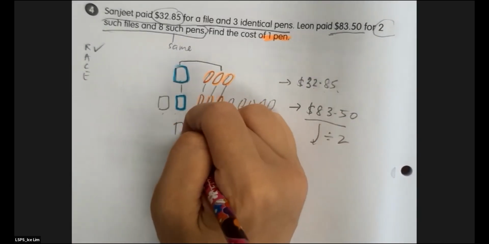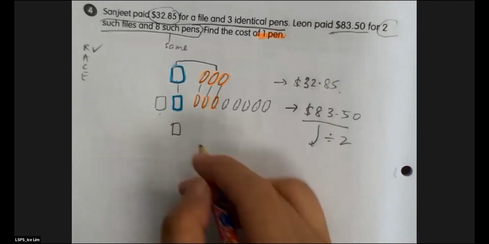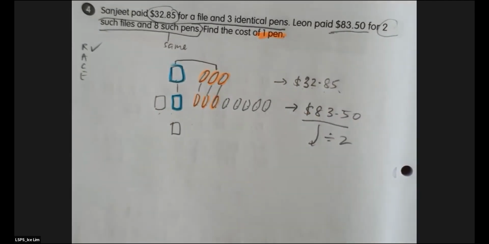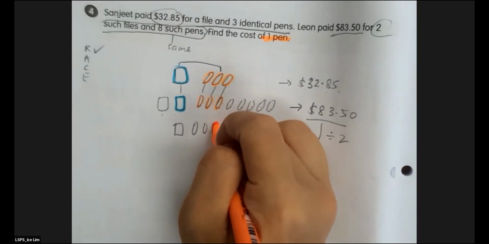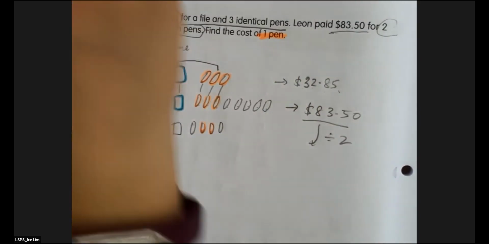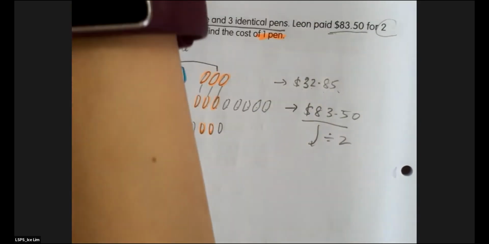I'll have 1 pound and how many pence? 4 pence. 1, 2, 3, 4. Can you see what I get now?